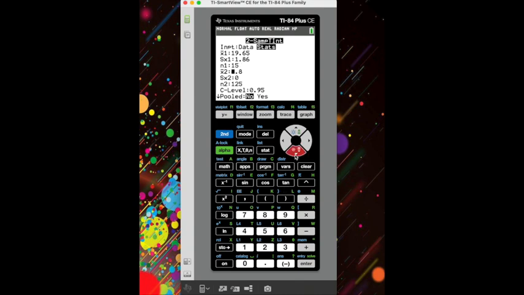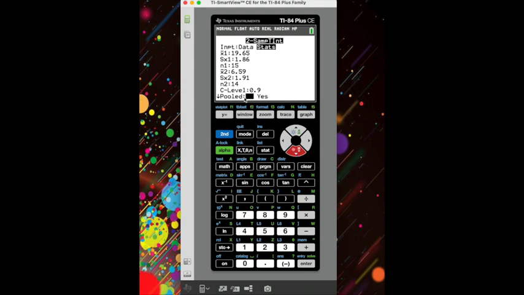Now we're looking at the mean for the second sample, which is 6.59. The standard deviation for the second sample is 1.91. And then the sample size for the second sample is given to us as 14. Our confidence level is 90%, so put in 0.90.